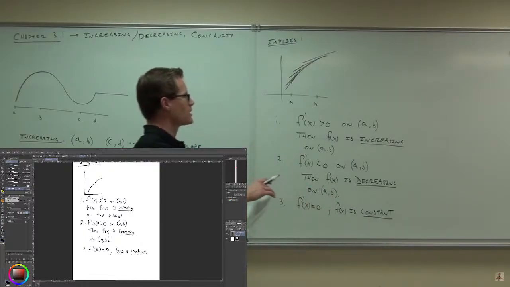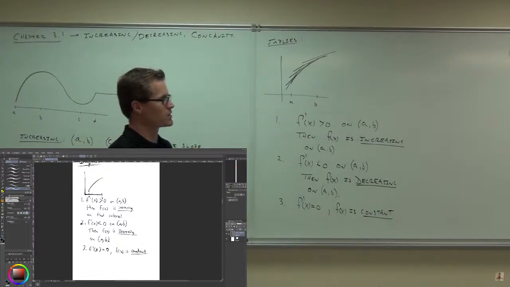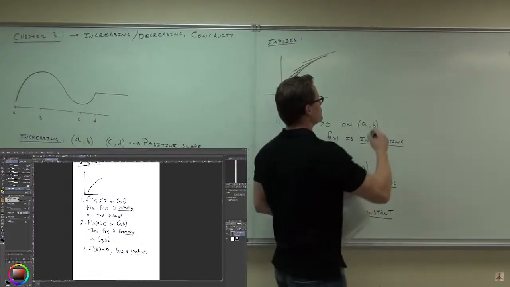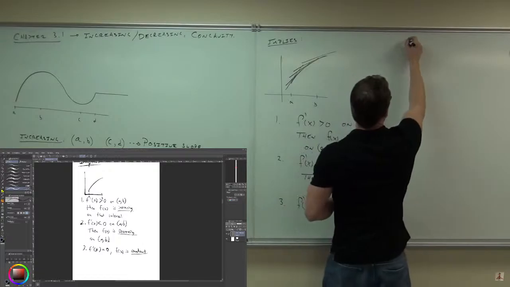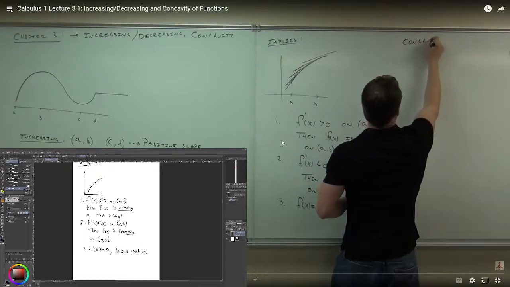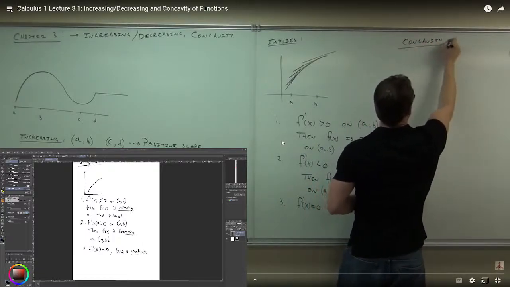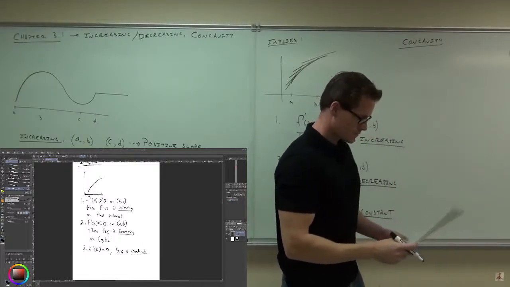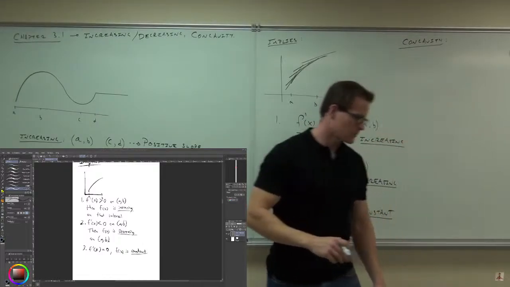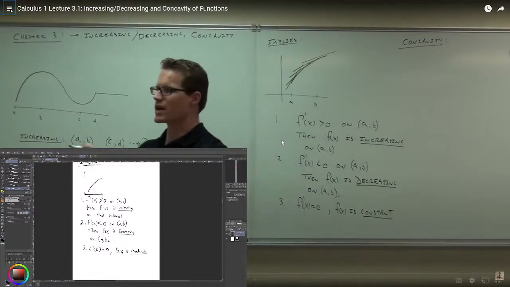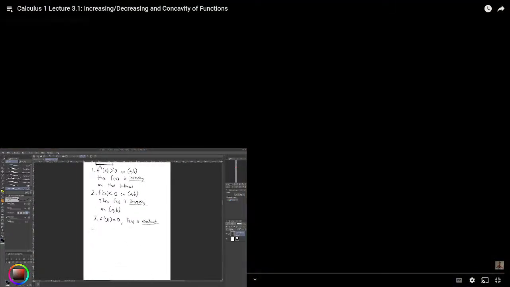The last thing we need to talk about in increase, decrease, and concavity is, well, of course, concavity. Concavity is the direction of the curvature of your line.